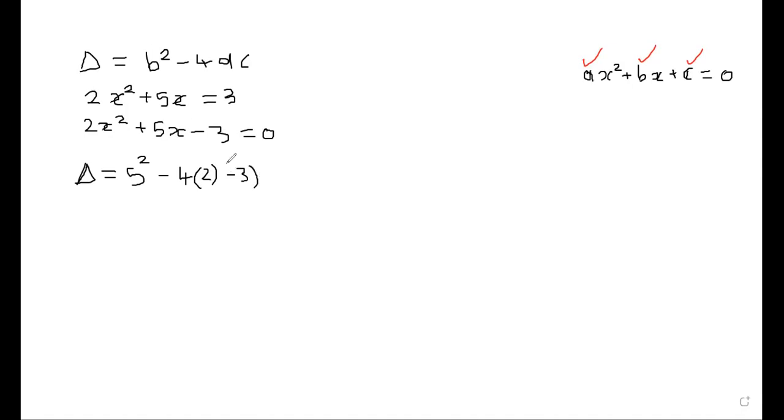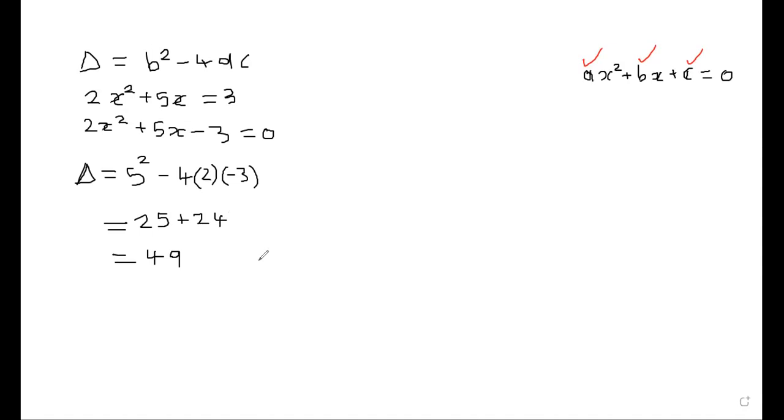All right. Now let's work out the discriminant. It will be 25, because 5 times 5 is 25, plus something, because negative times negative is a positive. So 4 times 2 is 8. 8 times 3 is 24. Yeah, 24. And we get 49.